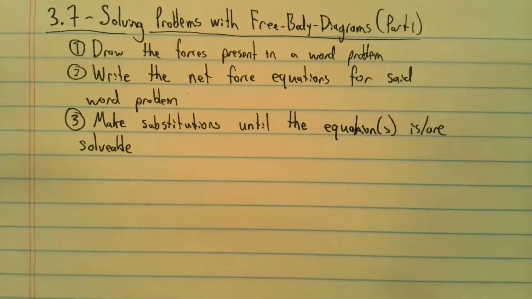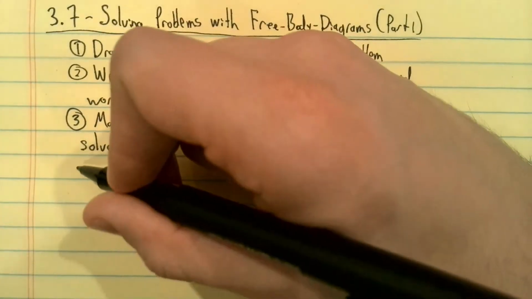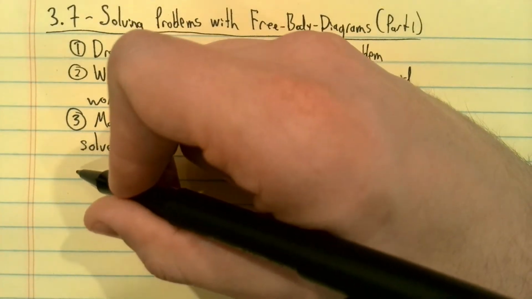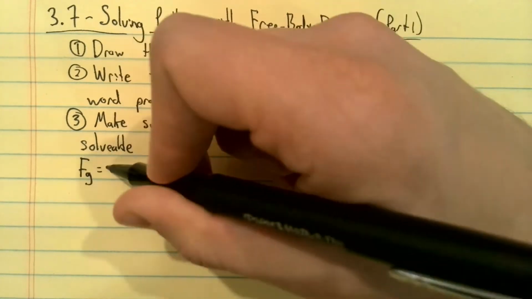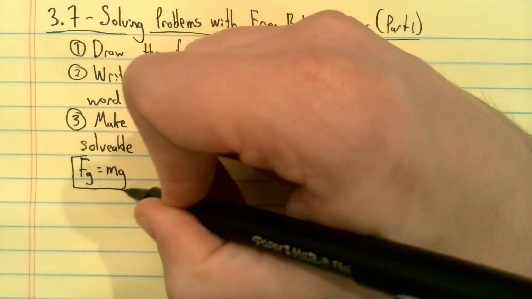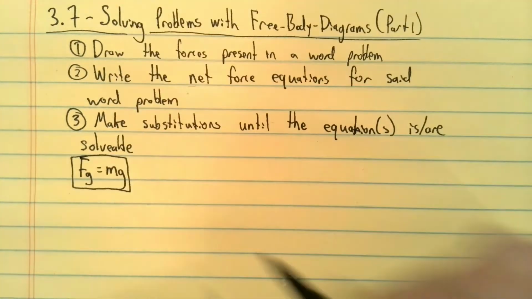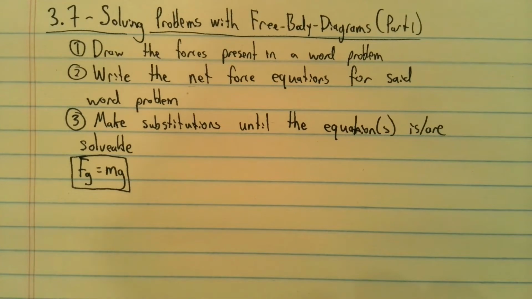there is a group of equations that I like to refer to as the mini equations. They're the equations that consist of 3 letters or 3 variables. For example, Fg equals mg. Force of gravity equals mass times 9.8. A good one to memorize, it'll make things faster.